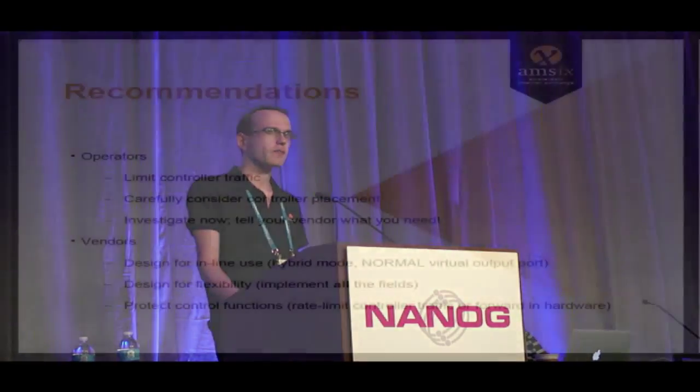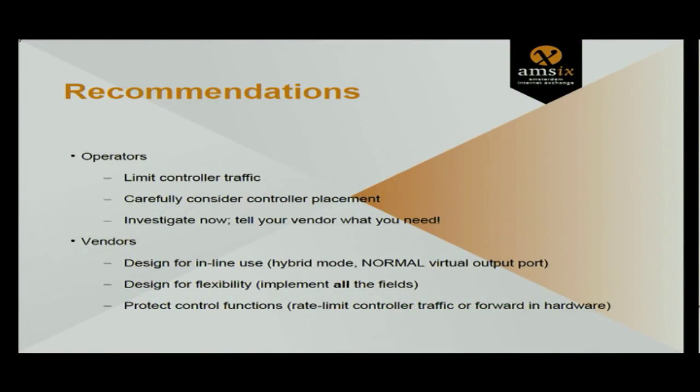I'd like to close off with some tips for people that are starting to look at OpenFlow. If you're an operator and you want to run OpenFlow on your network, be sure to limit control traffic. Usually this traffic is CPU forwarded, so if you have a lot of traffic from users that will be forwarded to the controller, you will soon run into trouble if you try to scale this.